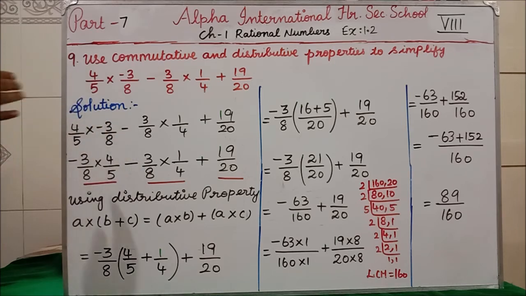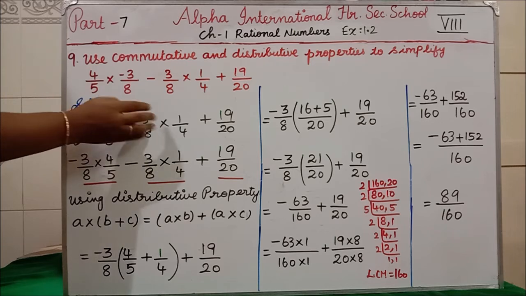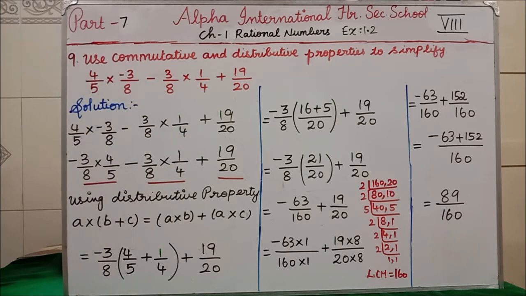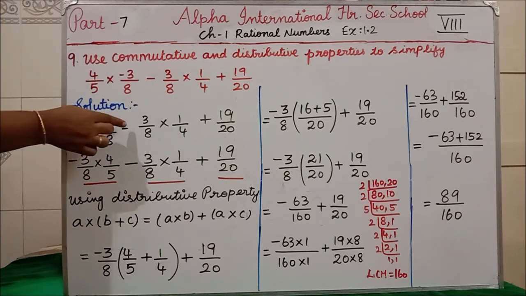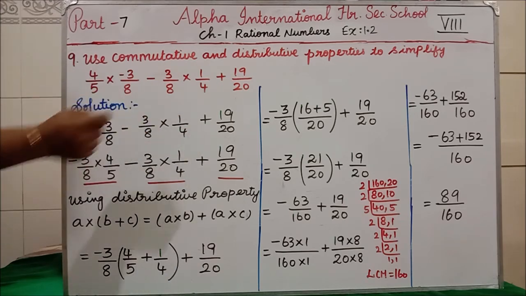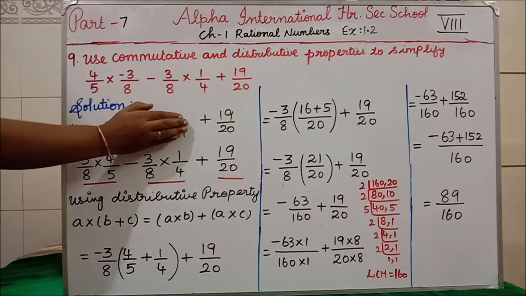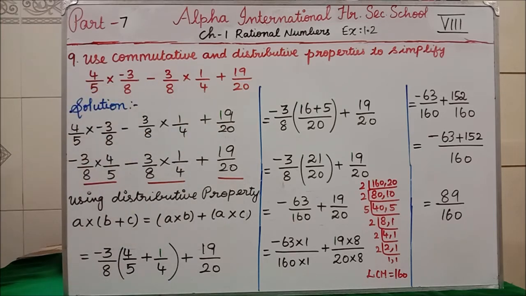Then after this term, wherever a plus or minus is there, you have to consider the other as the second term. In between, the minus sign is there, so this is the second term. Similarly, in between, the plus is there, so 19 divided by 20 is the last, third term. Clear all of you?